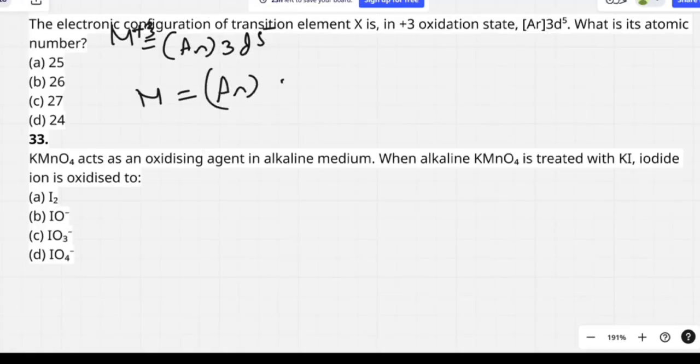It becomes argon 3d6 4s2. So you have to add 3 electrons. So to get 3d6, the atomic number is 26. Answer B is correct. Next, I move to question number 33.